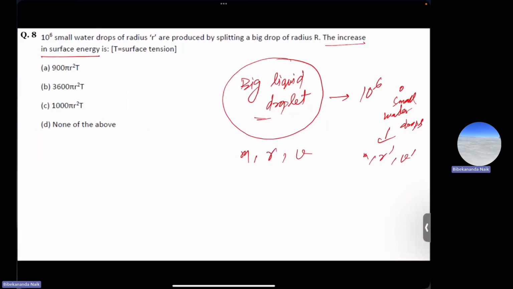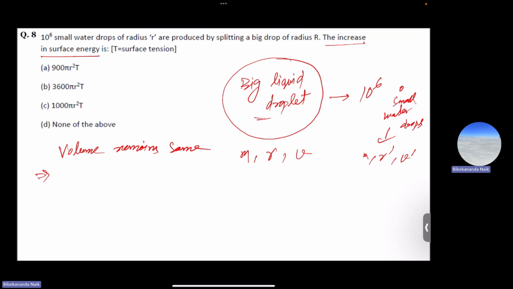So now when we are splitting a big liquid droplet into 10 to the power 6 or 1 million small liquid droplets, the volume remains same. And for the value of surface area, we don't need to find the value of m.